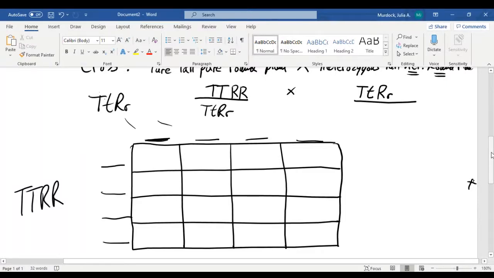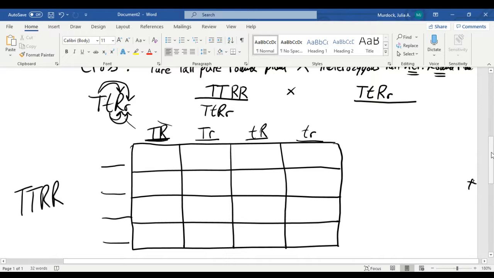So independent assortment means the big T and the big R, the first, combine to make the first gamete, big T, big R. And then first, outside, big T, little r. Inside, little t, big R. And last, little t, little r.